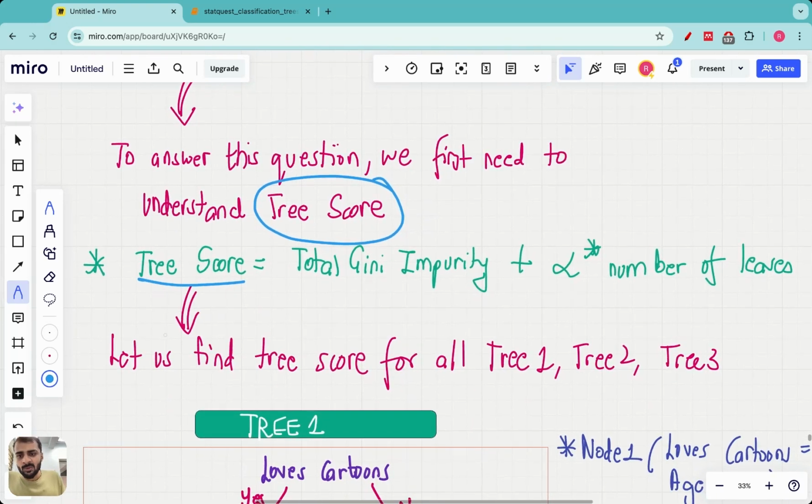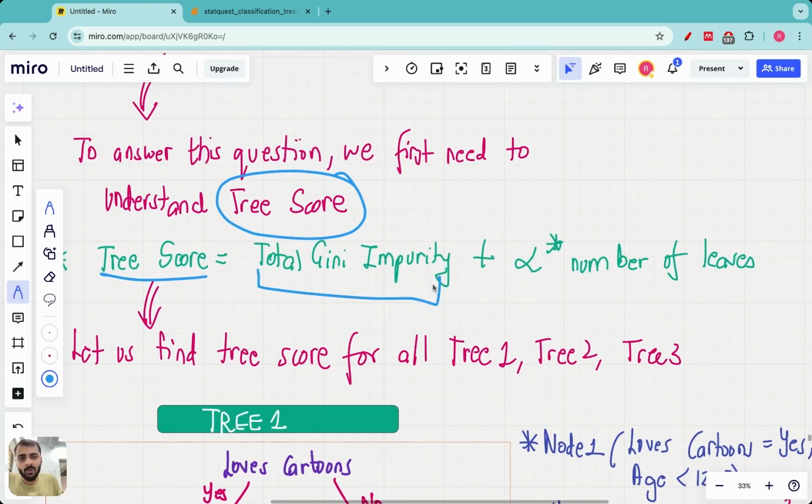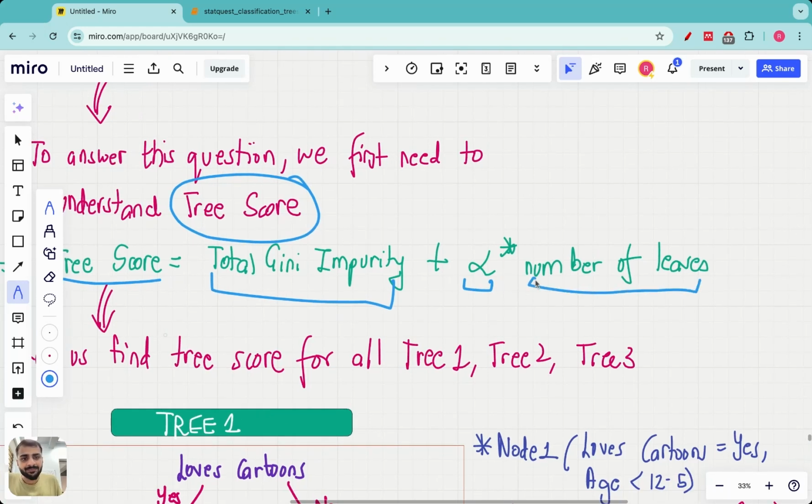So here is how the tree score is defined for classification decision trees. Tree score is the summation of the total Gini impurity plus alpha times number of leaves. This alpha is called the pruning parameter. It's a hyperparameter which we have to determine, and I'll show you how to determine this.